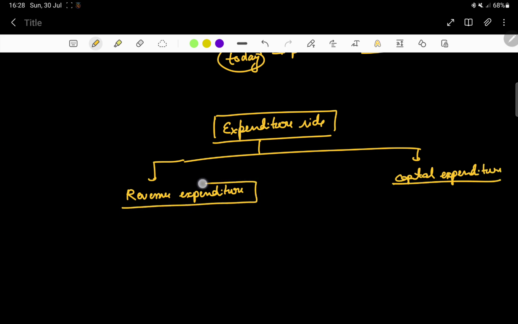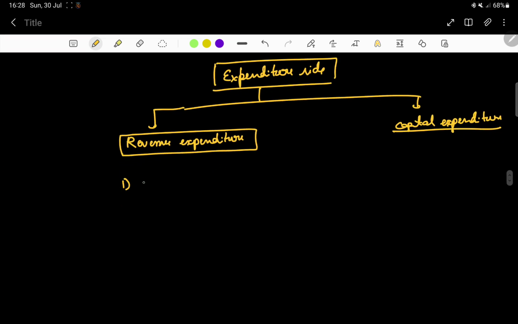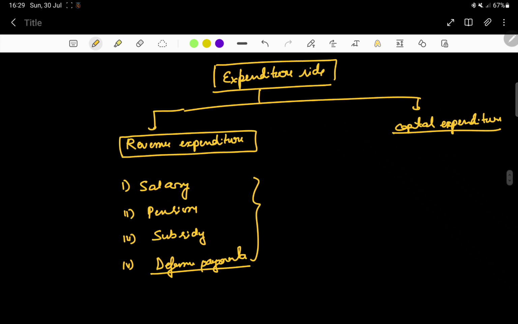Under revenue expenditure, you have to spend the money on salary, pensions, or subsidy, or you can always go for some defense payments. These are broadly recurring, and it is broadly a compulsion of the government, so it is somewhat fixed.